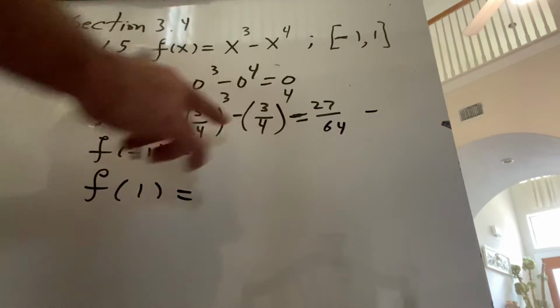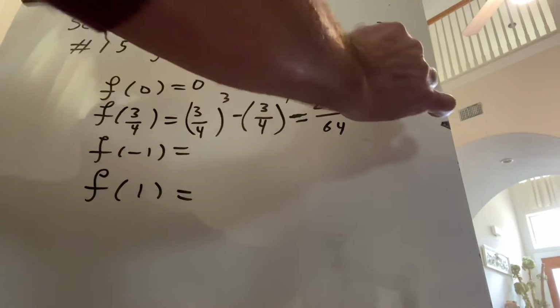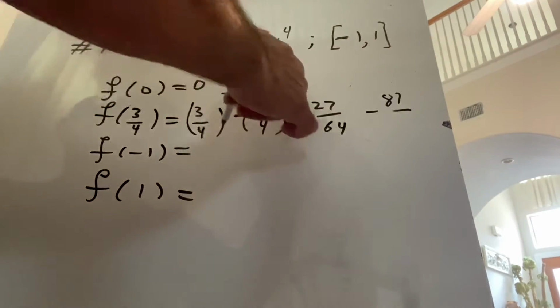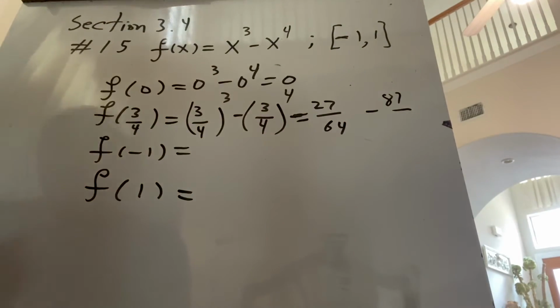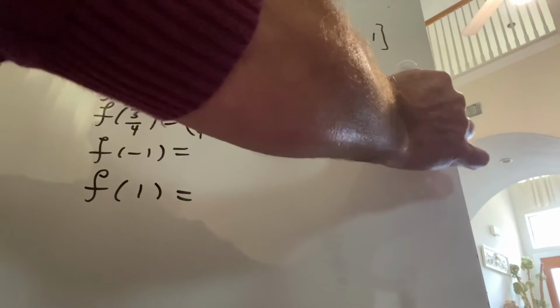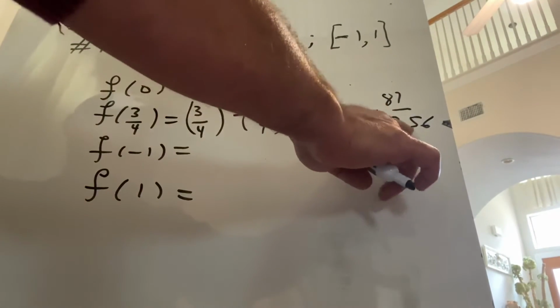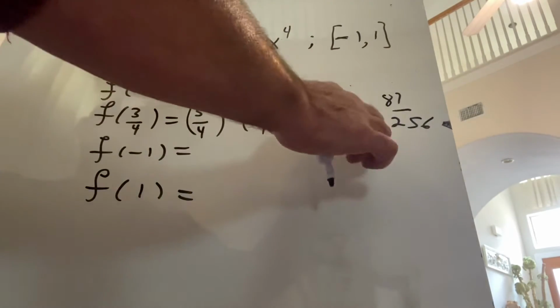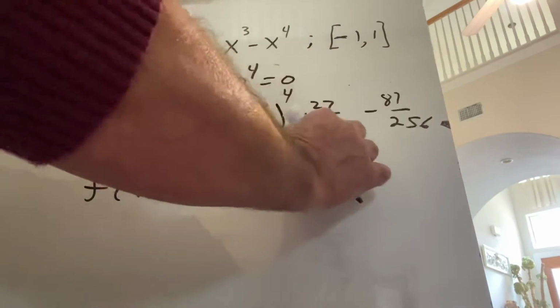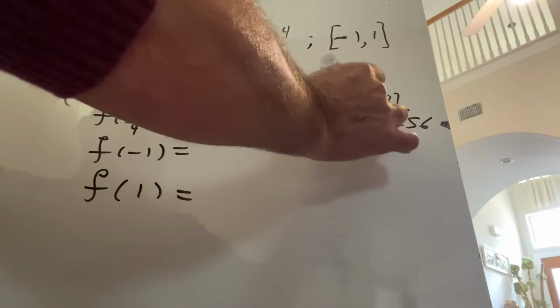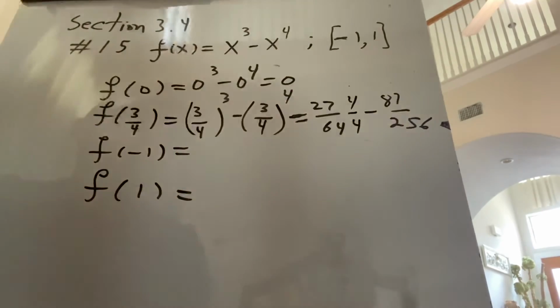And then minus, as you raise 3 to the 4th power, I believe is 81, over 4 to the 4th power, which becomes 256. Between 256 and 64, the least common denominator is 256. So we multiply top and bottom by 4 to make 64 become 256, so we can combine them into a single fraction.